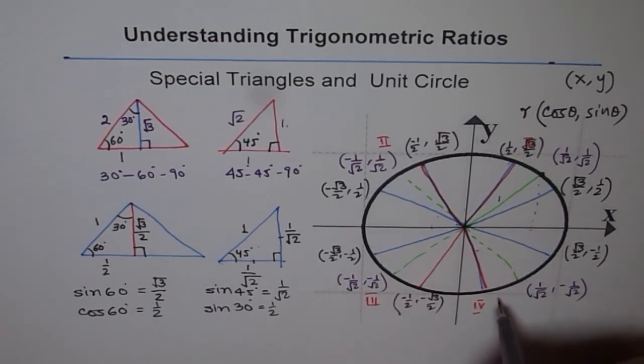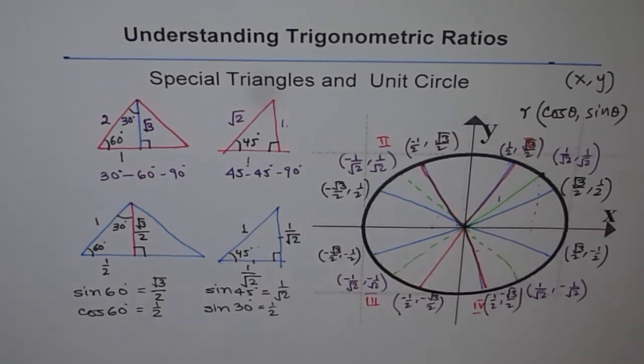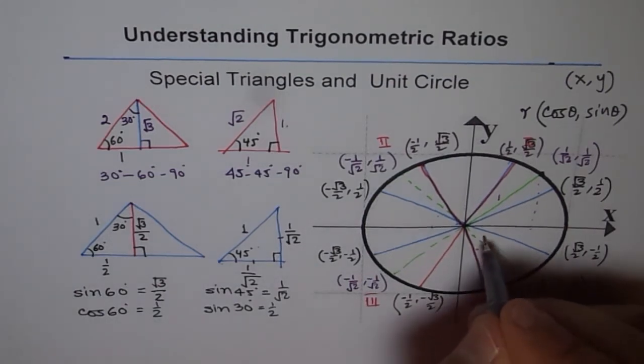And in this quadrant, x remains positive. So we have half for x and the y value is negative square root 3 over 2. It makes sense, right? So y is negative. Now you see in quadrant 4, the CAST rule. You remember that? The CAST rule says that cos is positive here, right?